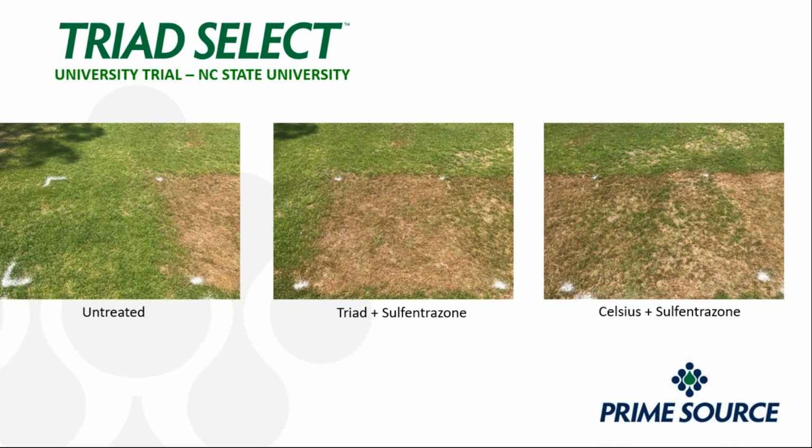But again, there was around 20 or 30% resurgence in the Triad plus sulfentrazone trial. I would say probably 50 or so % in the Celsius, and then the untreated never really got touched. We did have these products as standalones as well. Thank you. Yes, sir.